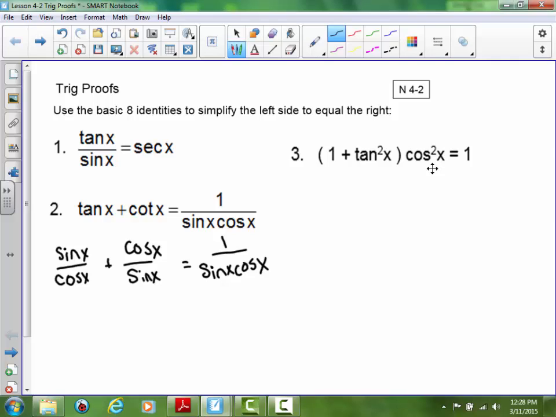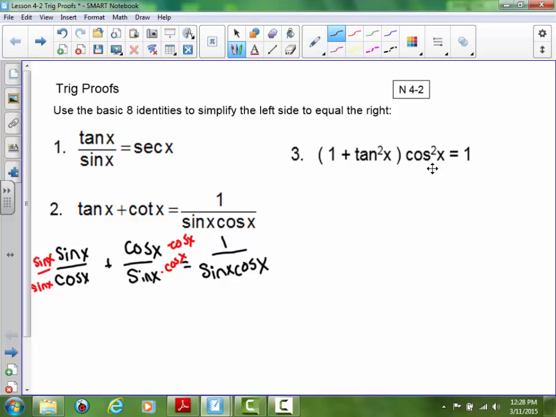Okay, in order to add fractions, they have to have common denominators. So I'm going to change my denominator to be sine x cosine x. So this one would need sine x, so we multiply the numerator and the denominator by sine x. And this would need cosine x, so we multiply the numerator and the denominator by cosine x.